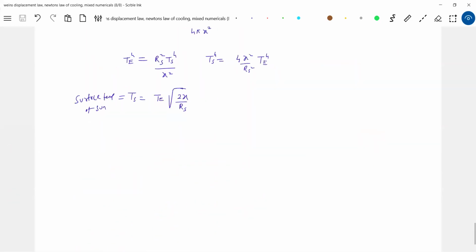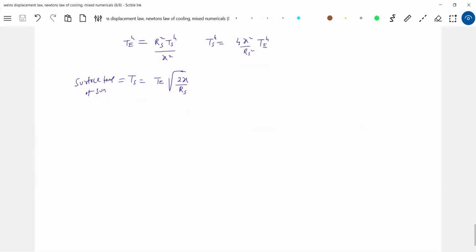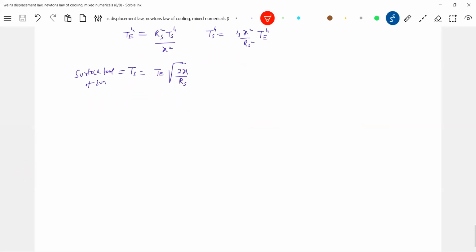Now, if a point source is there, not only the sun, you can select a point source of either kind. It has a power, say P naught. Then at a distance x, I'll keep a surface having area A. What is the power incident on this surface?